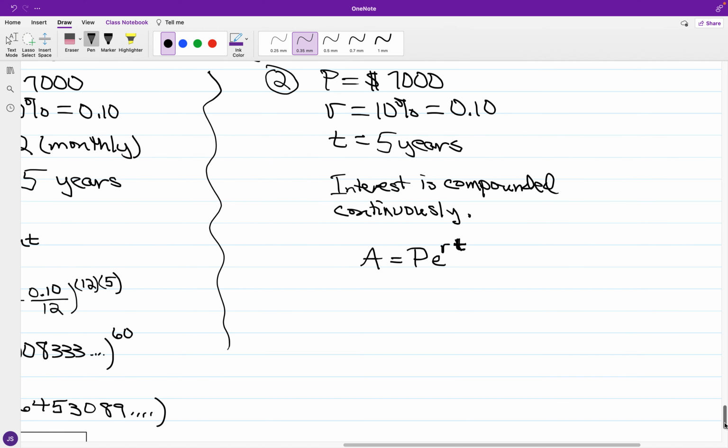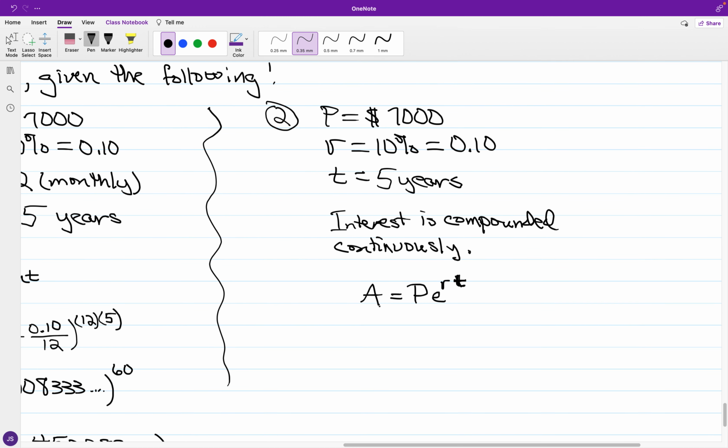For continuous compounding, we have A equal to P times e to the r times t. Looking at the future value, you have P again with $7,000, times e to the r times t. Again, r we have at 0.1 and t we have at 5.